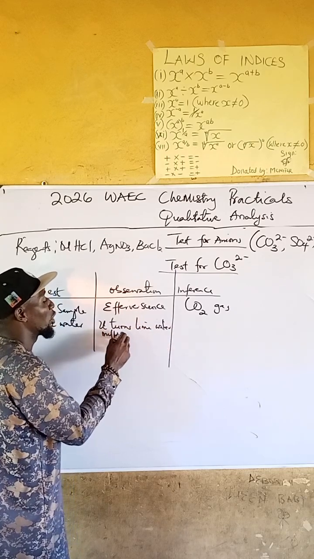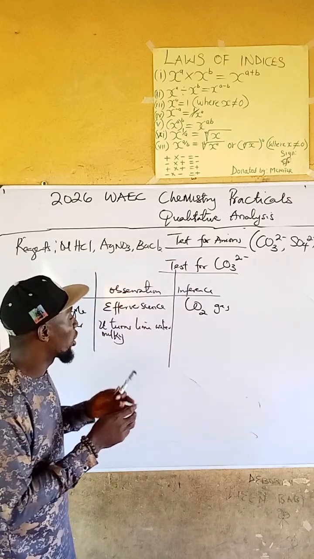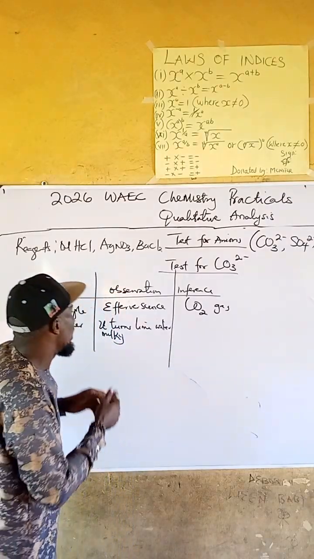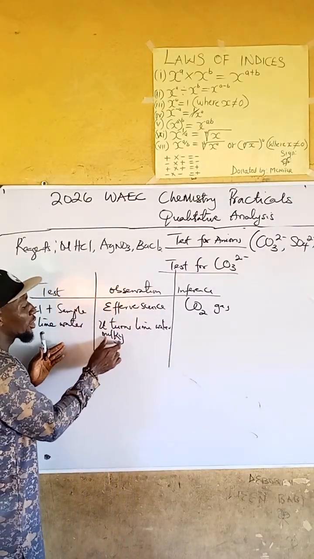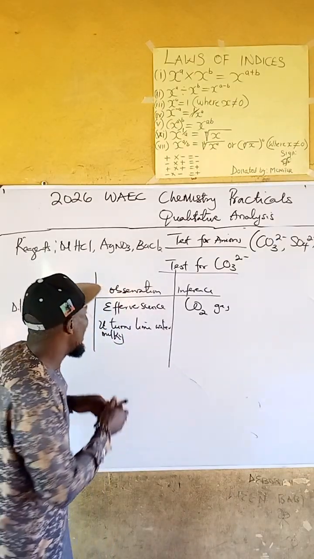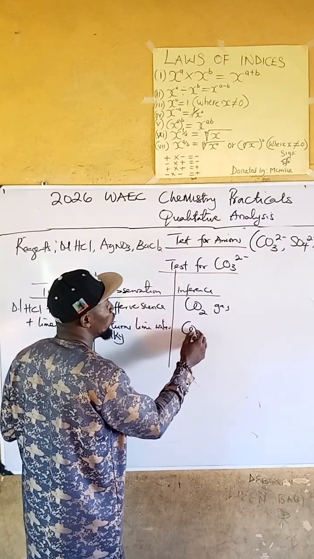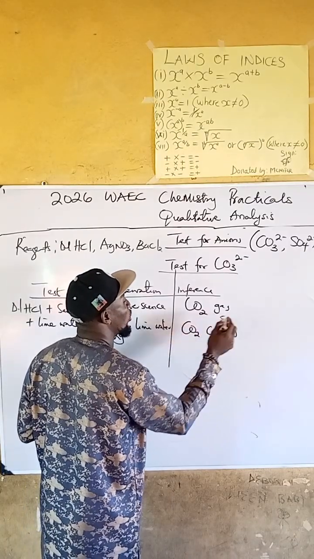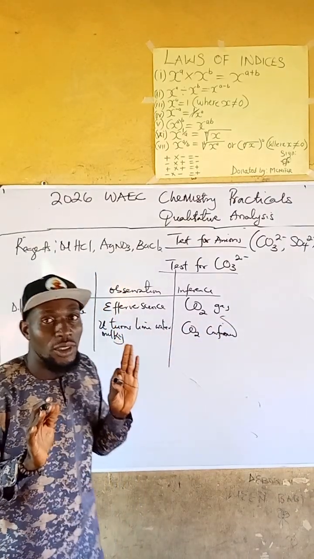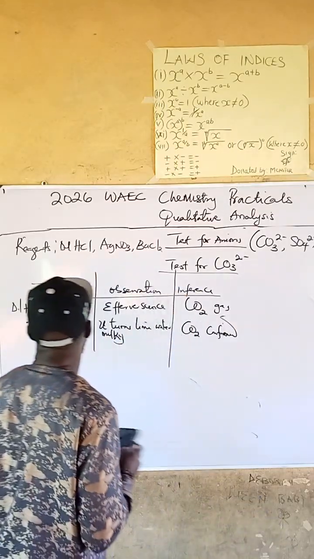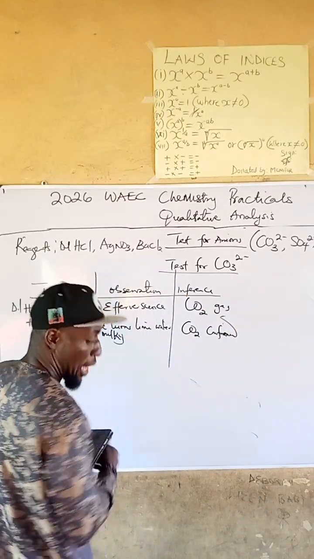Lime water is a clear liquid, okay? If the gas turns the lime water milky, like the color changes to milk color, that confirms CO2. Carbon 4 oxide gas confirmed. You've confirmed that gas. Are you following?